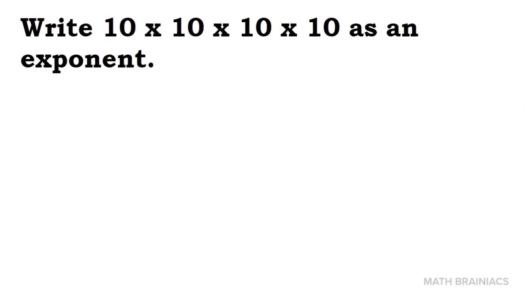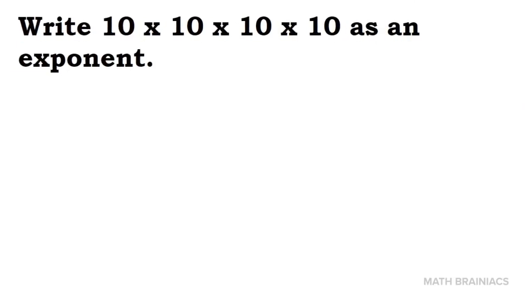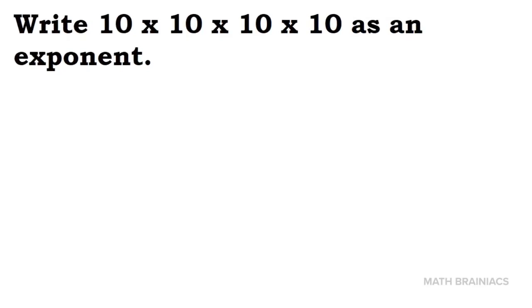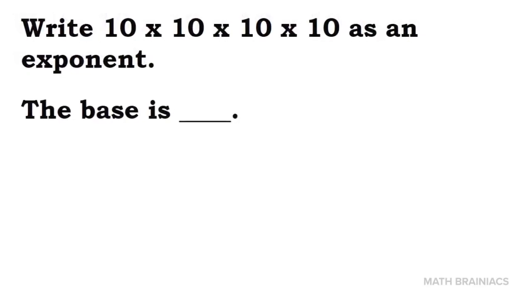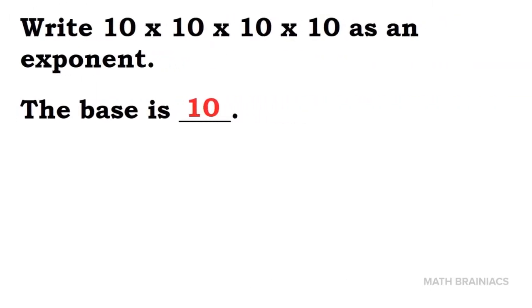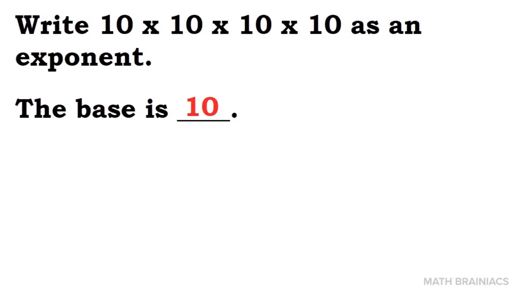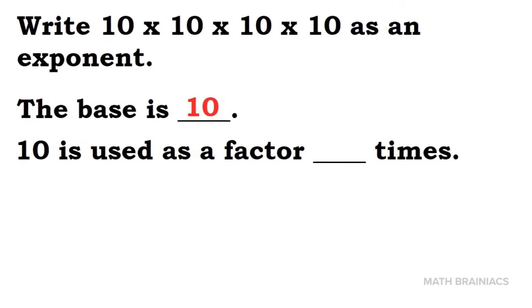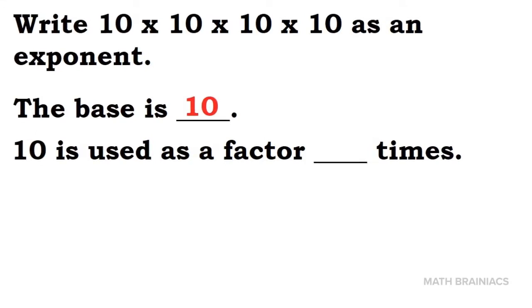Let us work on another example so that you can understand it well. Write 10 times 10 times 10 times 10 as an exponent. You can identify right away what is the base. Accordingly, the base is 10. You can directly identify how many times you use 10 as a factor.